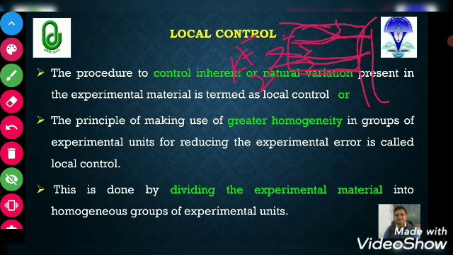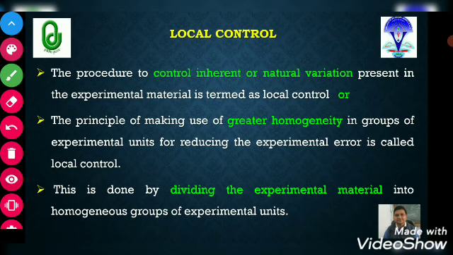This is the method of application of local control, the principle of making use of greater homogeneity. By applying local control, we are ensuring greater homogeneity in the groups of experimental units for reducing the experimental error, and this is called local control.